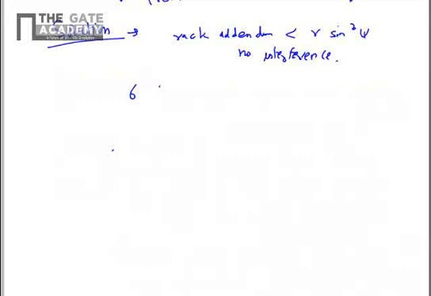So 6 must be less than r. R is the radius of the pinion. So r is equal to PCD of pinion divided by 2, that is equal to 125 by 2. So 62.5 mm, the value of r.